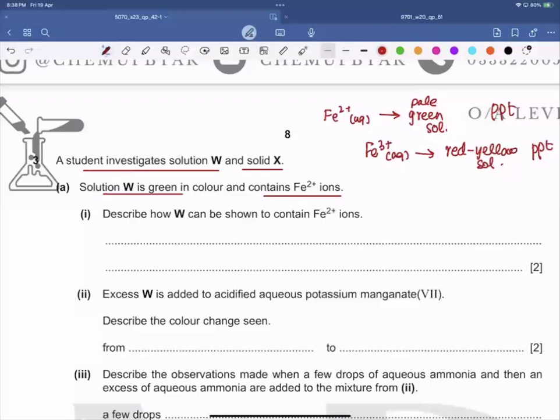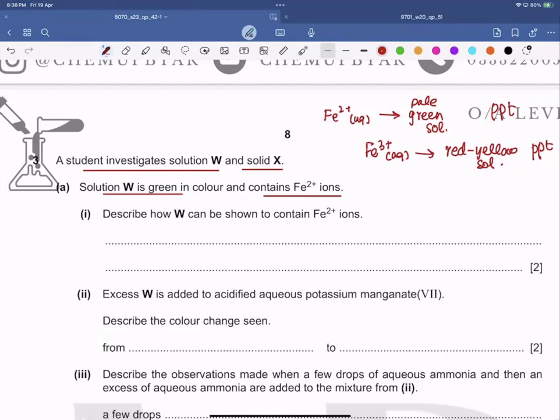If the iron 2 positive ion has a compound which is water insoluble, you are going to observe a green precipitate. And with iron 3 positive, a red precipitate. Okay.